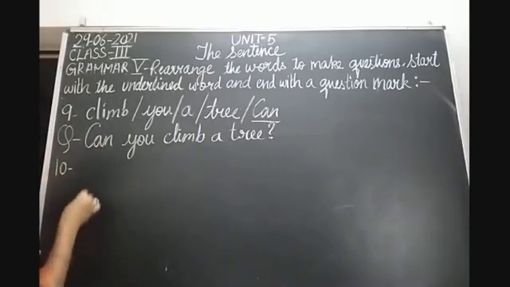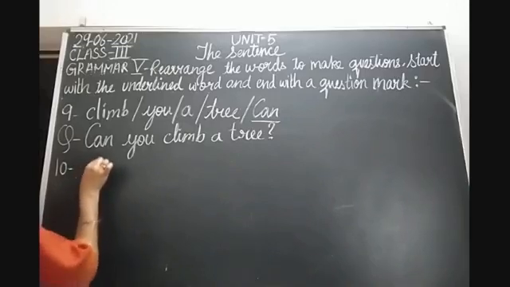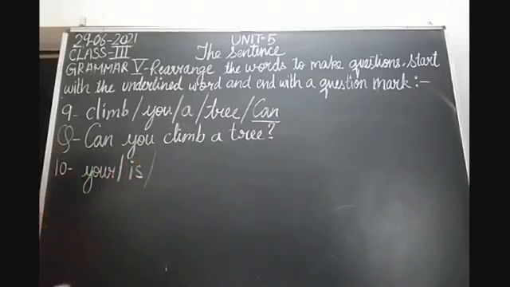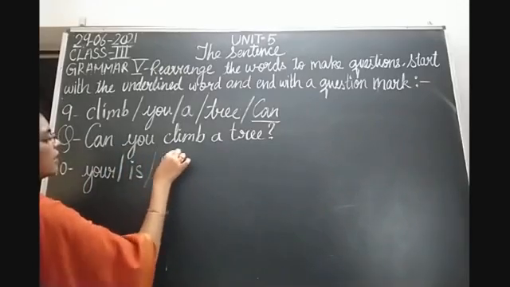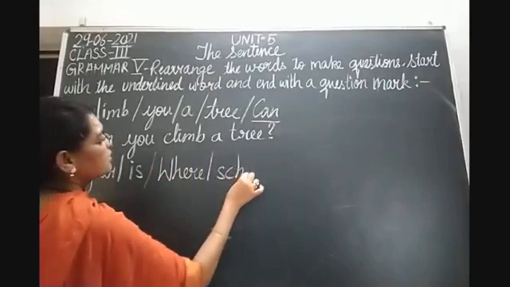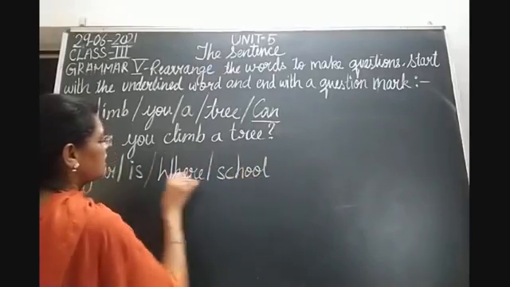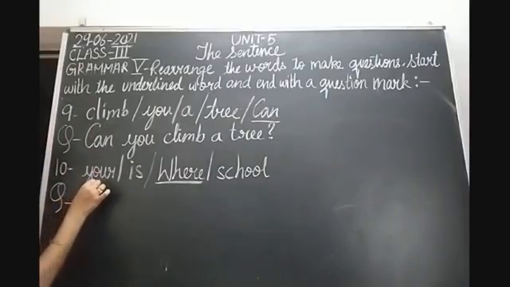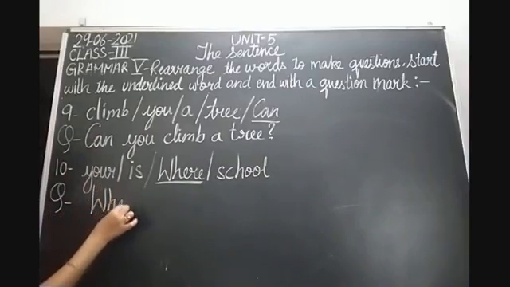That is, your is where school. And the underlined word is where. That means we need to begin our question with where. So our question will be W of where, capital.